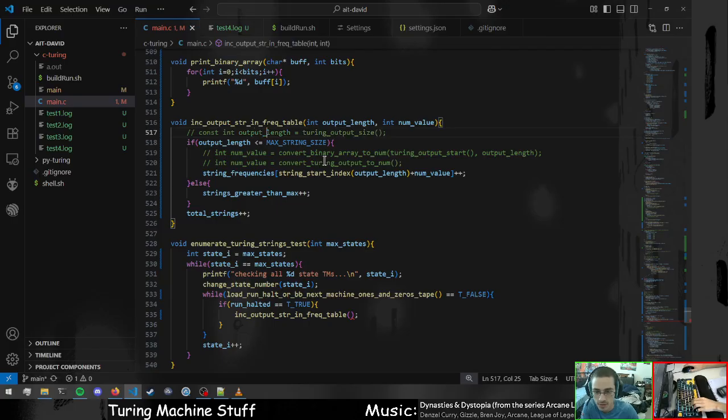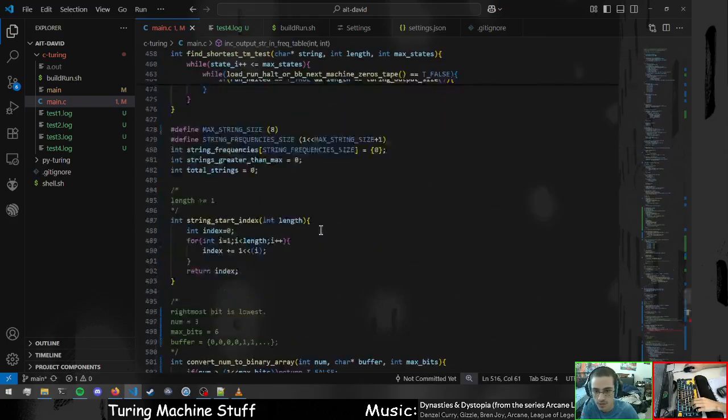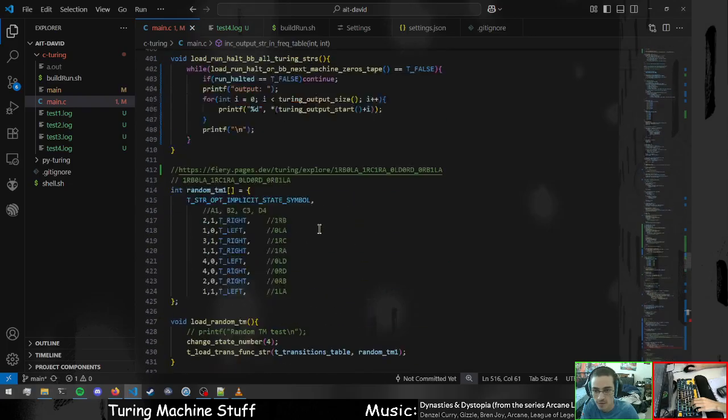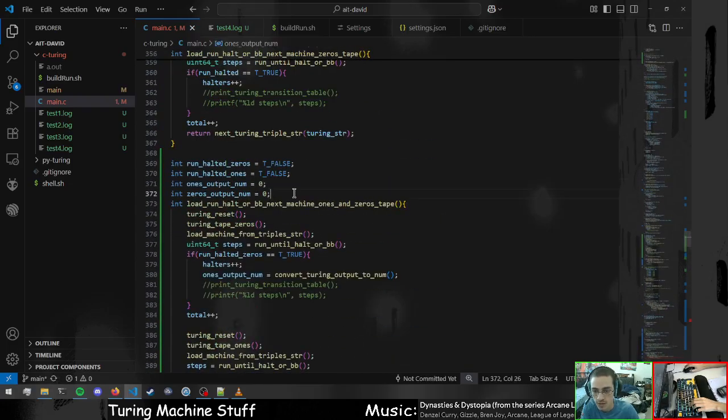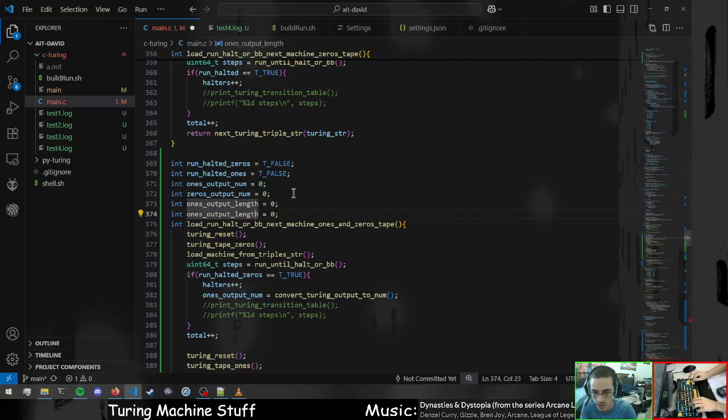Okay, so we gotta do this. We gotta input the length and the value. So I need to keep track of the length as well. So not just the number, but the length as well. Alright, so let's do that, and let's do that here.